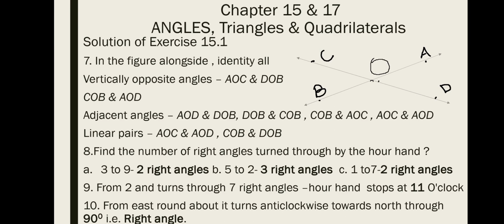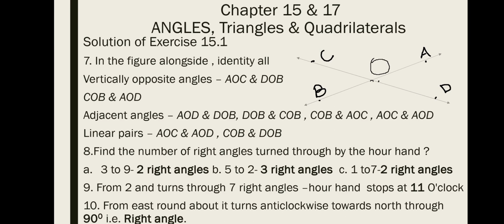Ninth question. From 2, it turns through 7 right angles. Where will the hour hand stop? It stops at 11 o'clock. See, 2 to 5 will be one right angle. Then 5 to 9 will be the second right angle. 9 to 1 will be the third right angle.